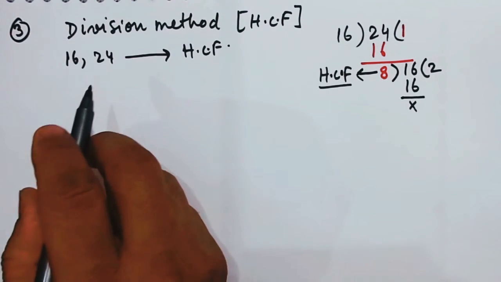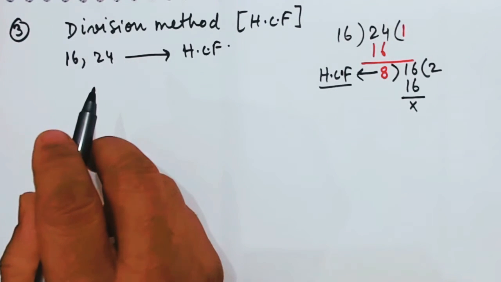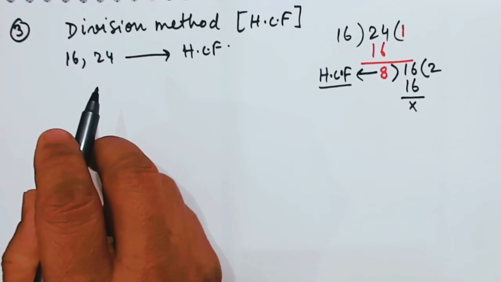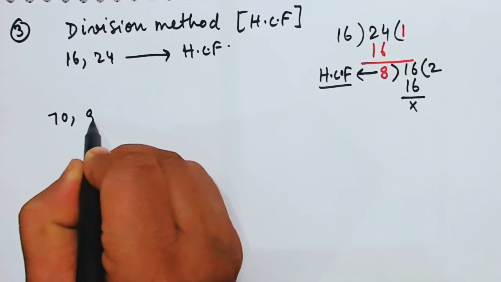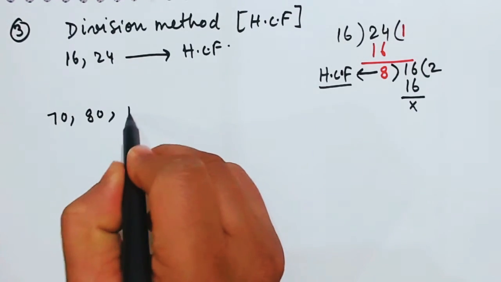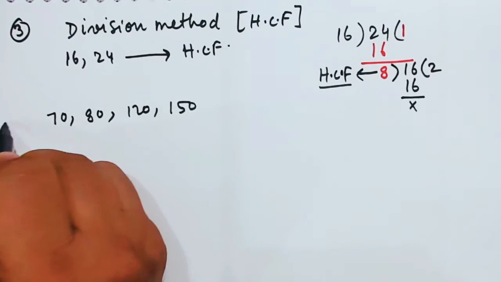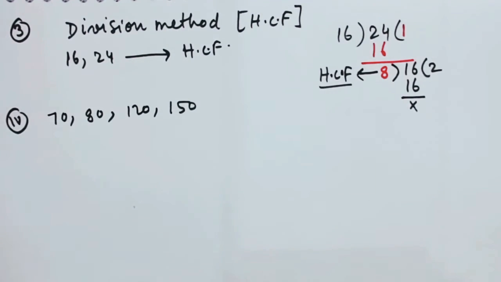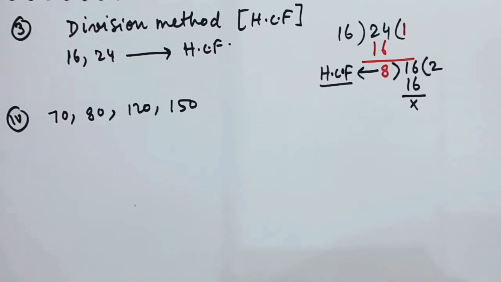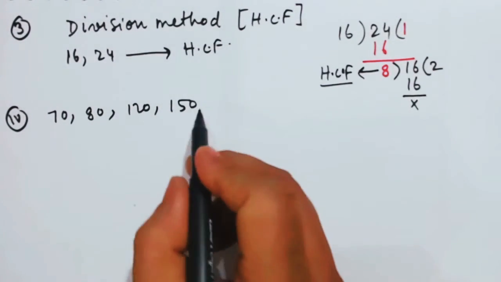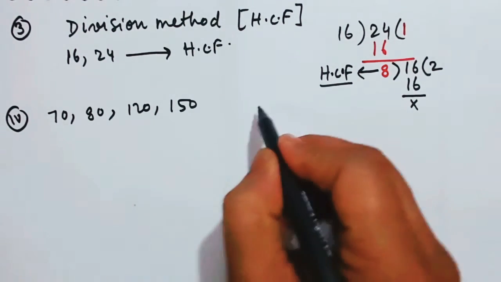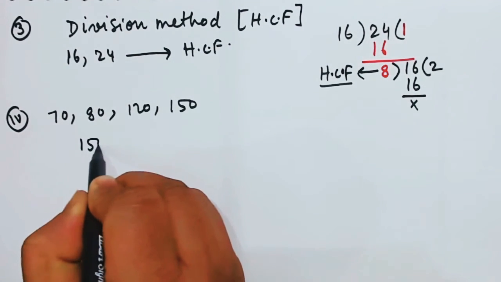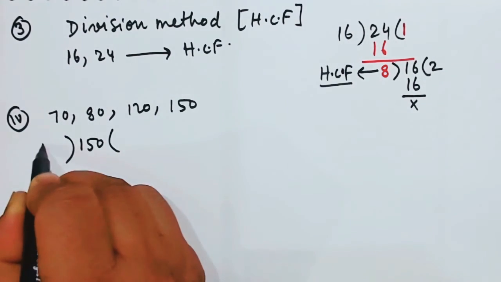Let us take some bigger numbers like 70, 80, 120 and 150. Now how to find this? In this case, you will have to divide the biggest number by the next bigger number. So 150 should be divided by 120.